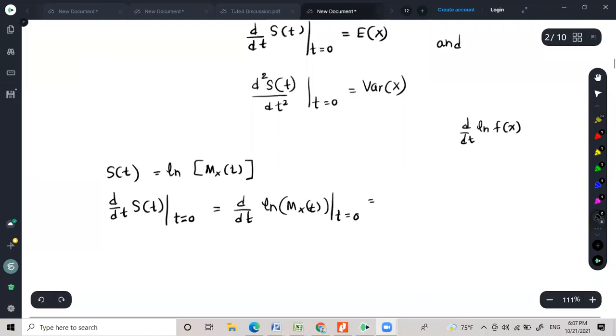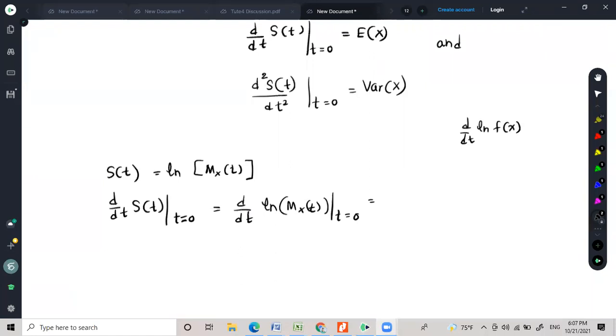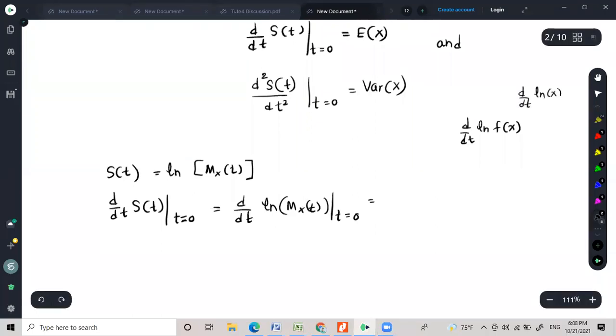You have 1 over f(x) and then what? If it is just x, okay, if you want d/dt ln x, that will be 1 over x, right? But if you have d/dt ln of f(x), what is the answer? You have 1 over f(x) and what? The chain rule, you have to take the d/dt of f(x), right? So don't forget the chain rule.